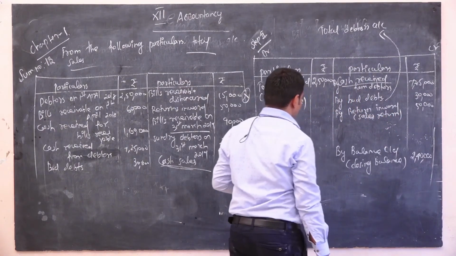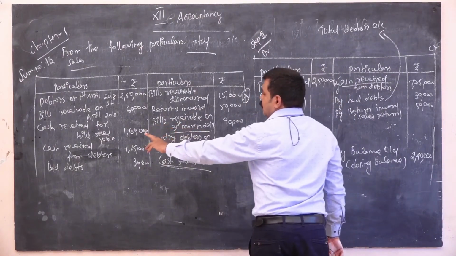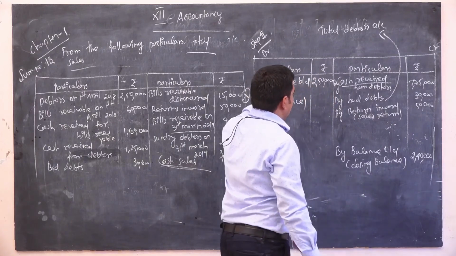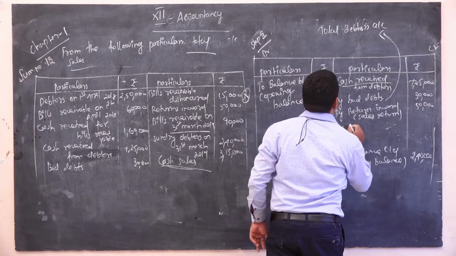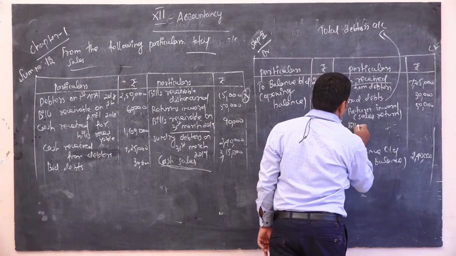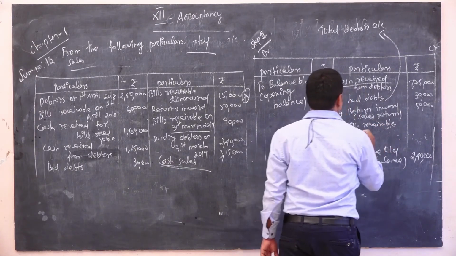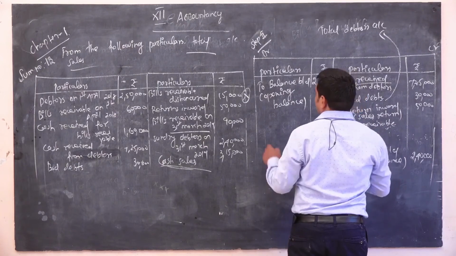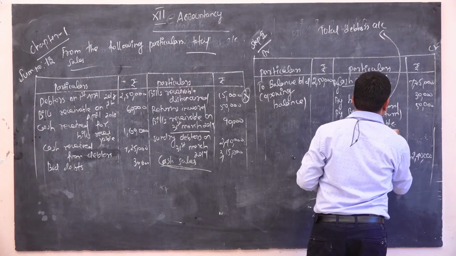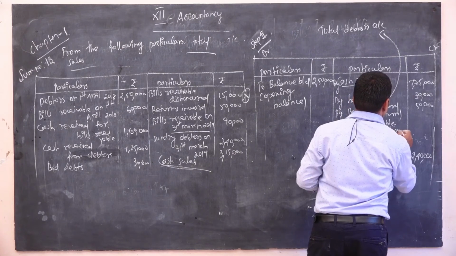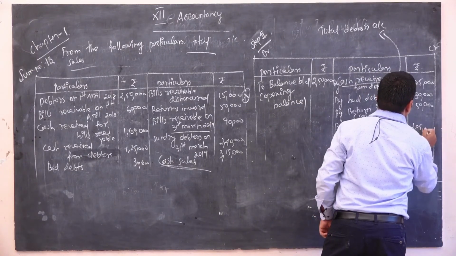What is the next amount? We already calculated one amount. Here, by bills receivable, that is bills receivable dishonor, 2,05,000.